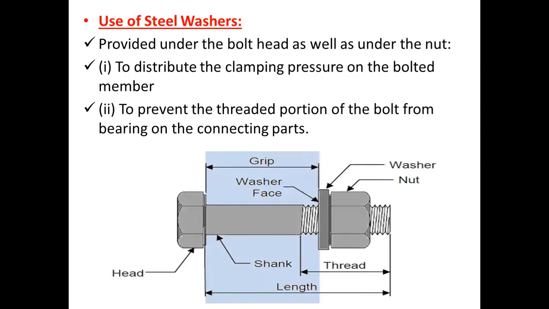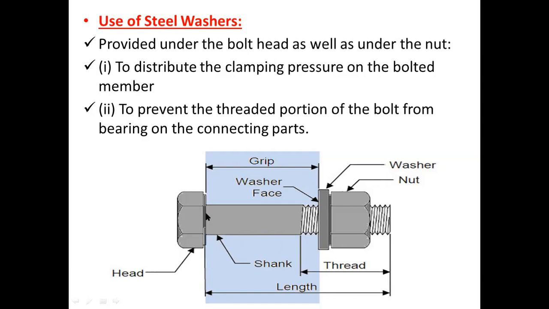In this figure, we understand that there are three important parts. First is the shank portion. First we go ahead with the head. What is the meaning of head? The head is provided at the top, as shown in the figure. Now going forward, what is the meaning of shank portion? The shank portion is exactly below the head and above the threaded portion.